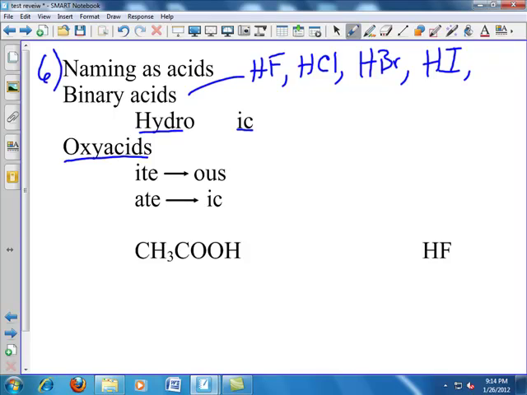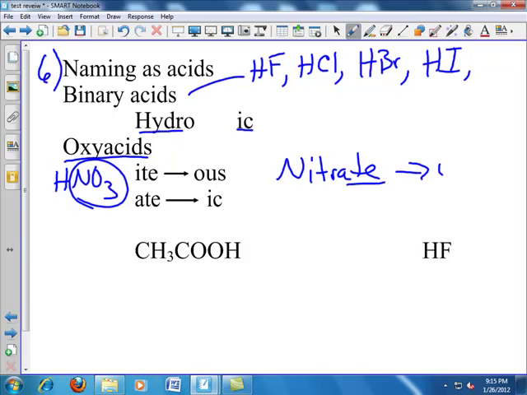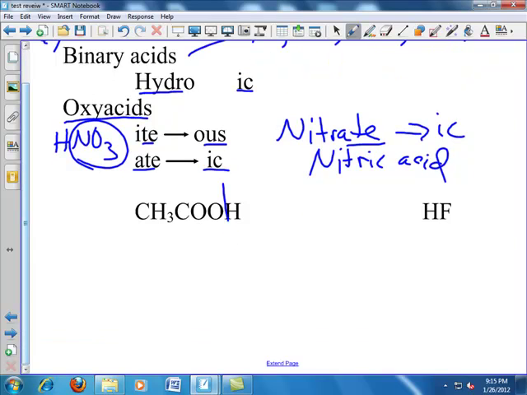When you have oxyacids, which all have oxygen in them, like HNO3, you look at the polyatomic ion. The polyatomic ion in this is nitrate. And ate becomes ic. So this is nitric acid. So ate's become ic, and ite's become ous. So right down here, this right here is acetate.